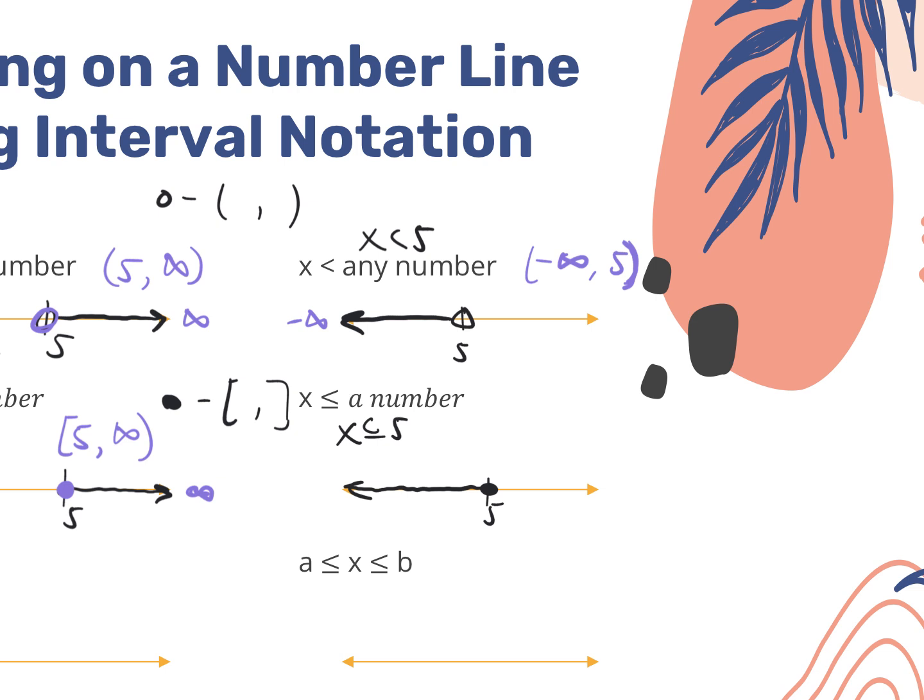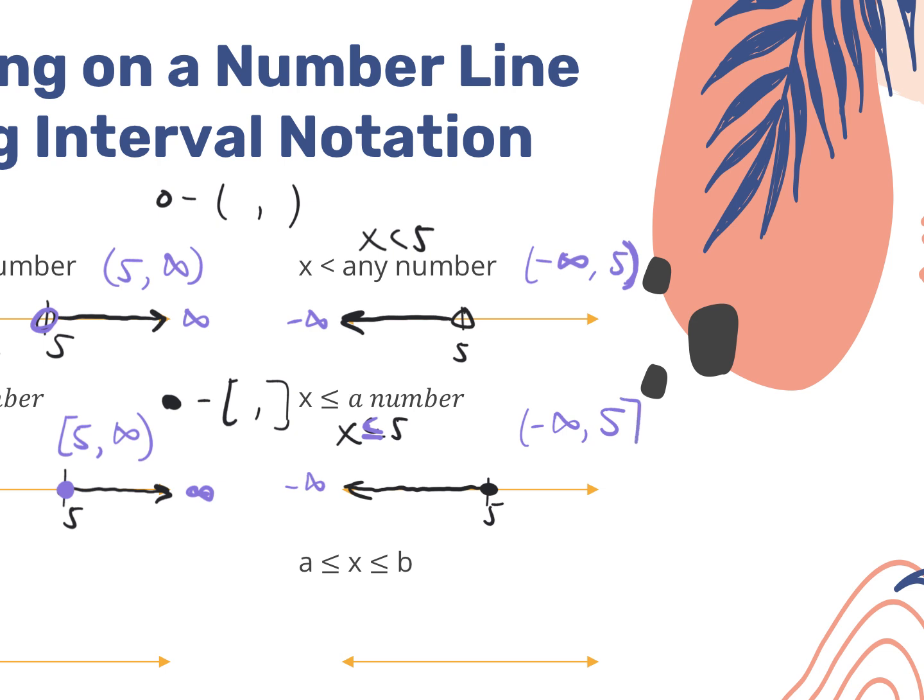Now the one underneath it is going to look very similar. We're going to start at negative infinity, because that's as left as we can possibly go. And then the biggest value that we can go, so the rightmost solution, is going to be at 5, but we are allowed to include it. There's a line underneath it in this inequality symbol.